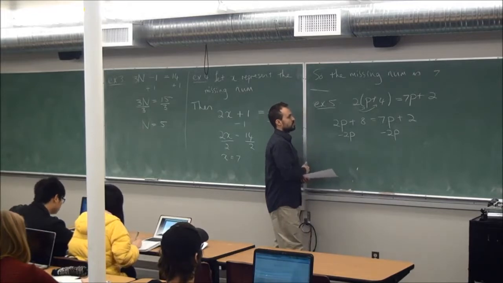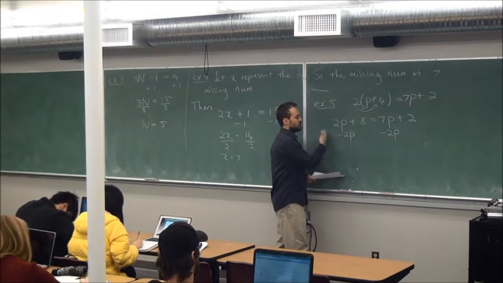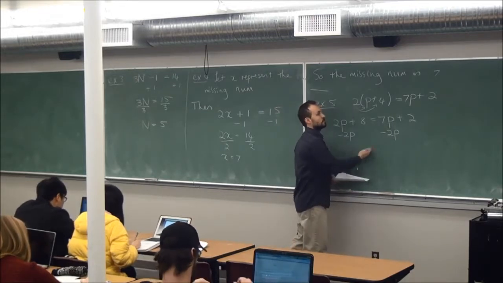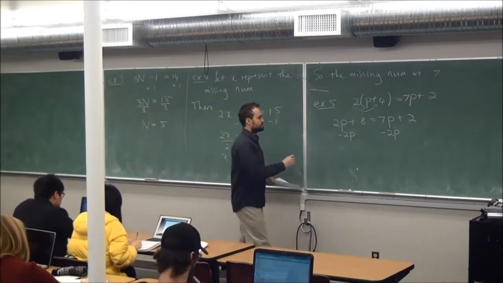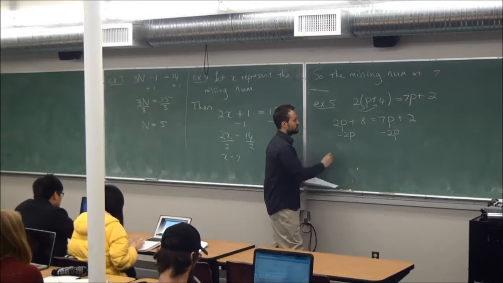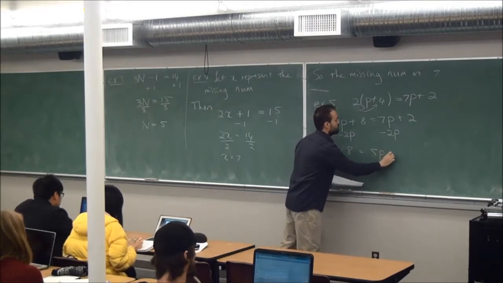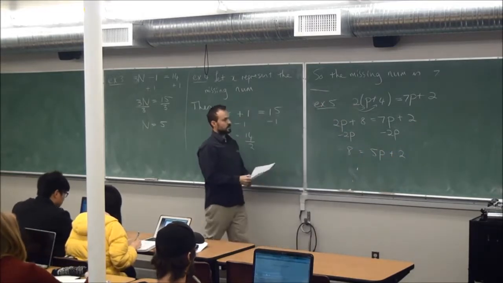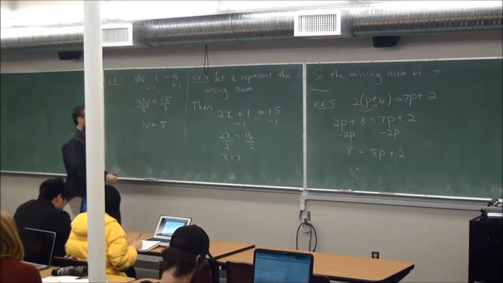But just to make sure everyone's on the same page, after I do one thing, I'll write down my new look for the equation, and then I'll figure out what my next step is. So right now I have 8 equals 5p plus 2. Everyone happy with that? I had 7 p's, I took away 2, so I have 5 p's left.